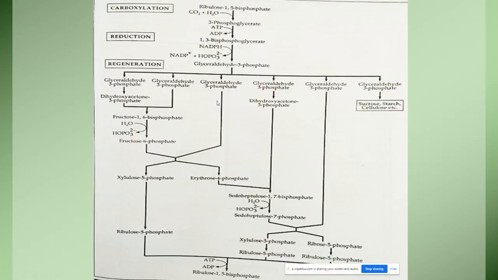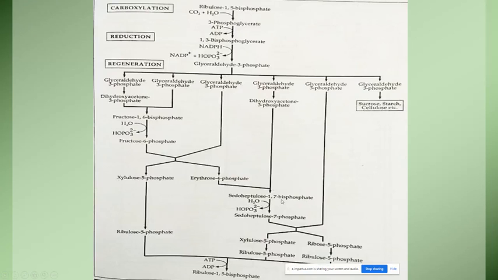Dihydroxyacetone phosphate and glyceraldehyde 3-phosphate attach with each other and produce fructose 1,6-bisphosphate. Then fructose 1,6-bisphosphate to fructose 6-phosphate. Fructose 6-phosphate attaches with glyceraldehyde 3-phosphate and splits into two compounds: xylulose 5-phosphate and erythrose 4-phosphate. Xylulose becomes ribulose 5-phosphate by the enzyme epimerase, and erythrose again attaches with dihydroxyacetone phosphate and produces pseudoheptulose 1,7-bisphosphate.